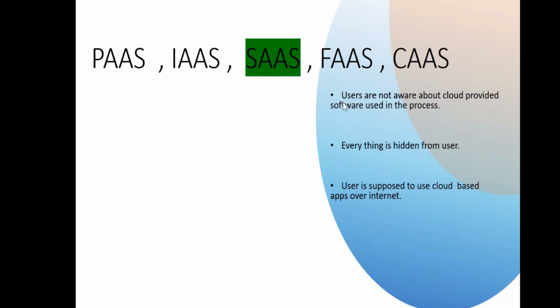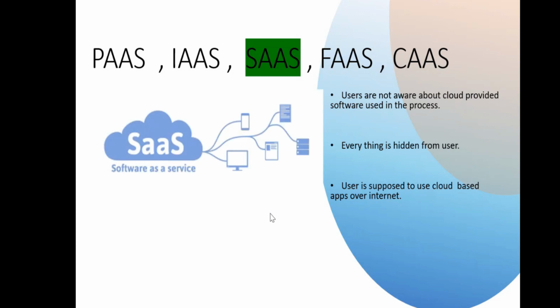What you do with the help of Google Drive: if you want to store some file, just log in to Google and store the file in Google Drive. If you want to download the file, just log in to Google and download it from Google Drive. The user is not aware of the cloud-provided software used in the process.